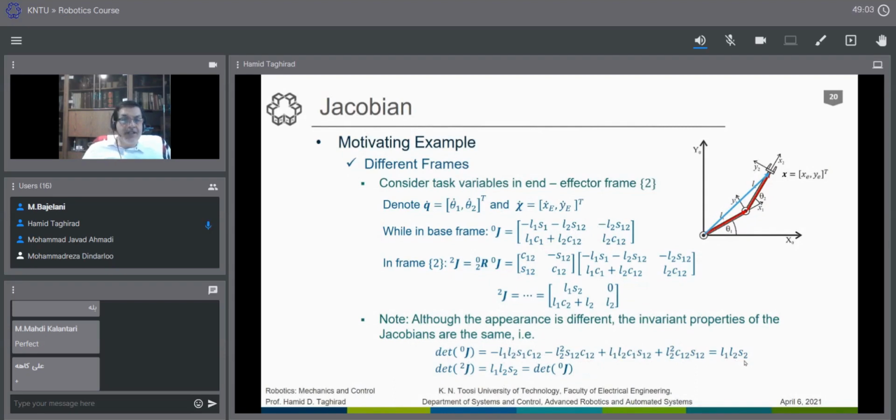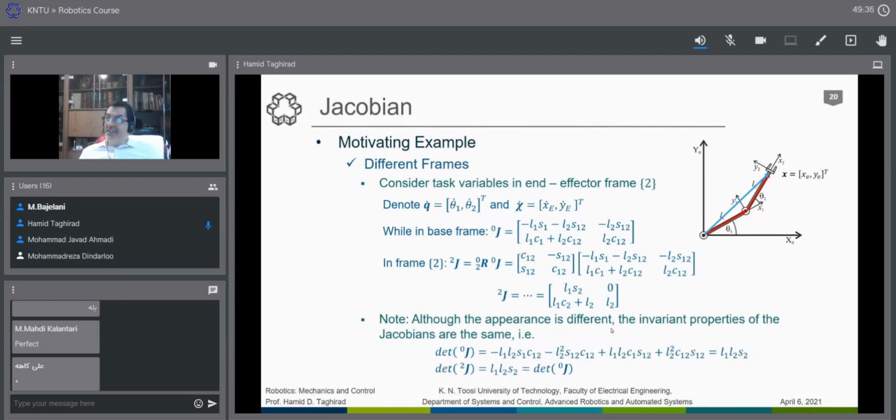Again, theta 1 or Q1 is not appearing in the determinant of the Jacobian. And if you find the determinant here, this is much simpler, because you have a 0, the determinant will be just the multiplication of these two together, which is the same as the other one. Very interesting, isn't it?